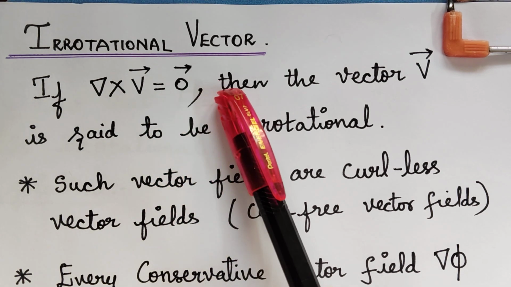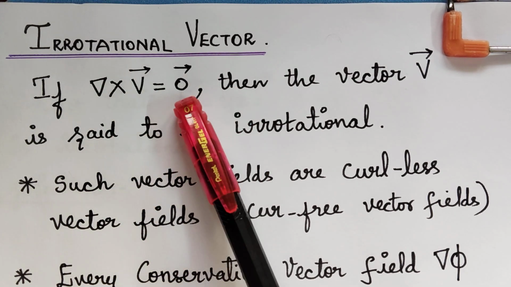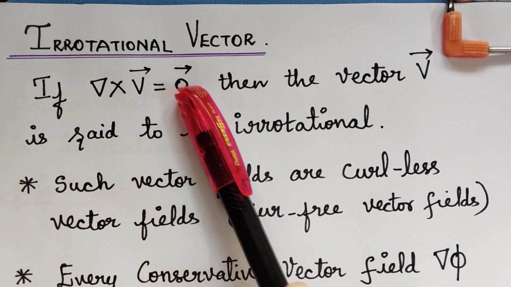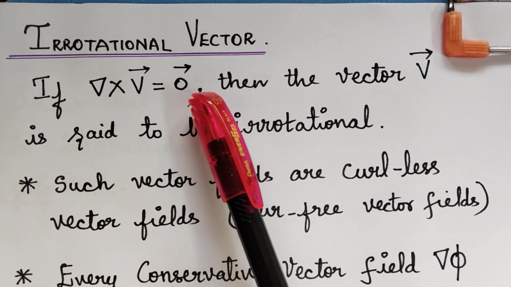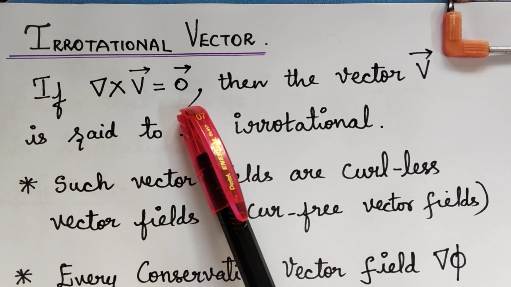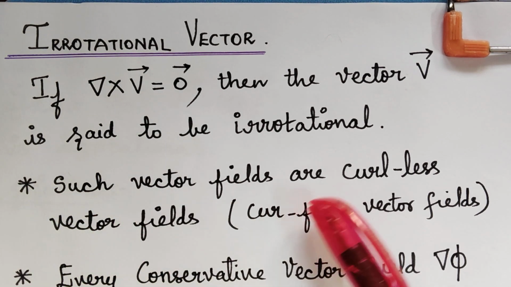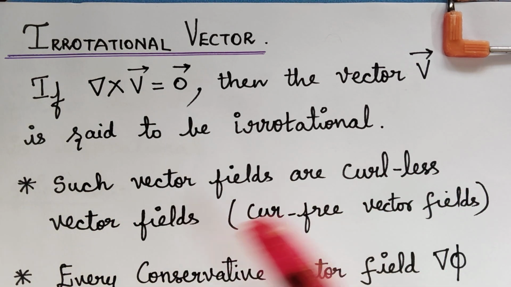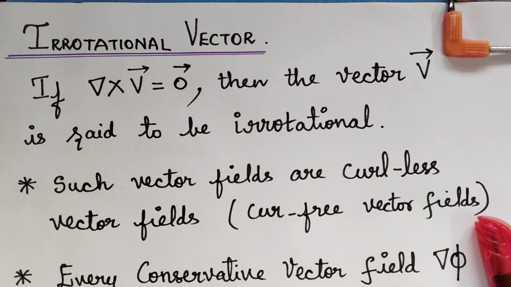To understand the concept that the cross product is going to be a vector quantity, we have given 0 vector over here, which is anyhow going to be 0 only. Such vector fields are said to be curl-less vector fields, or we can also say curl-free vector fields.